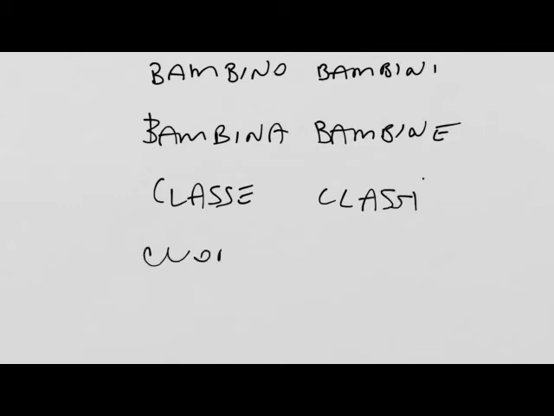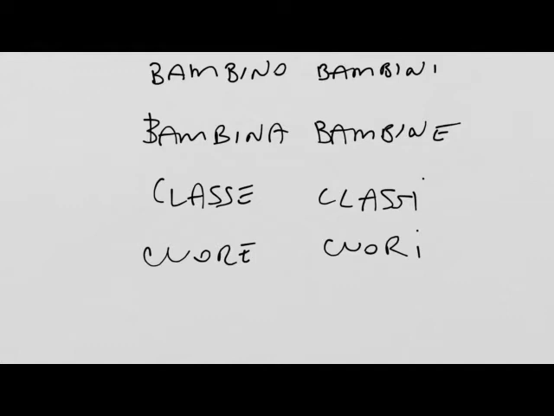Cuore, and we have cuori. Now, we want to add an adjective, a qualifier. We want to add information about these nouns. We want to say that they are good. Good boy, good girl, good class, good heart.